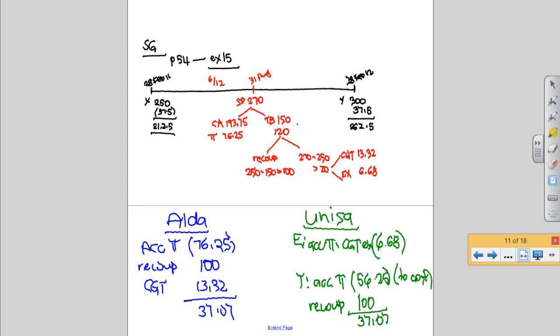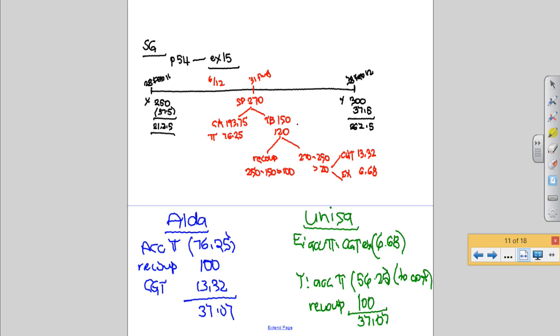That's not what tax or SARS is looking at, accounting profit. Accounting profit comes from the way that we've chosen to depreciate the asset. Accounting profit of 76,250 gets reversed. What gets taxed is a recoupment of 100 and the taxable piece of the CGT. Do you agree? So then the number is 3707, the net number.